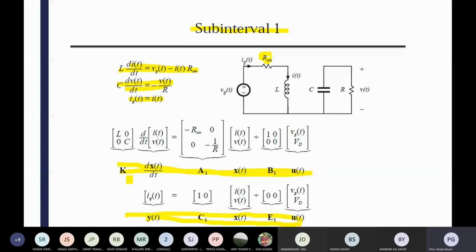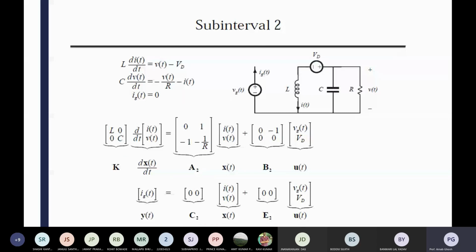From that expression you are able to find A1, B1, C1 and E1. Then in the case of subinterval 2 you get those values. Subinterval 2 means your MOSFET is off. If your MOSFET is off, the diode will be turned on, so you get the forward voltage drop of the diode, which you have considered.